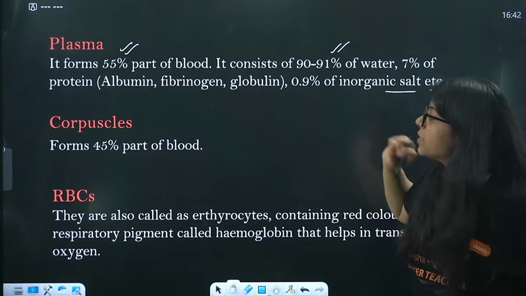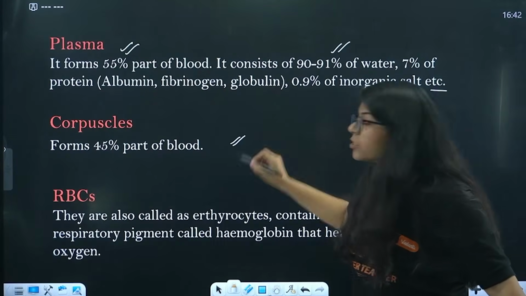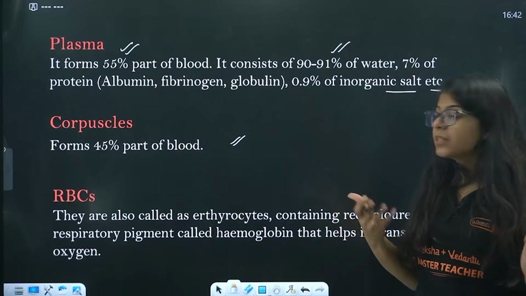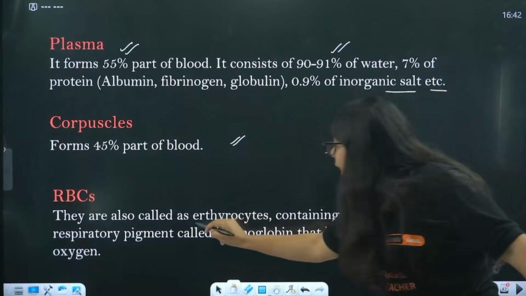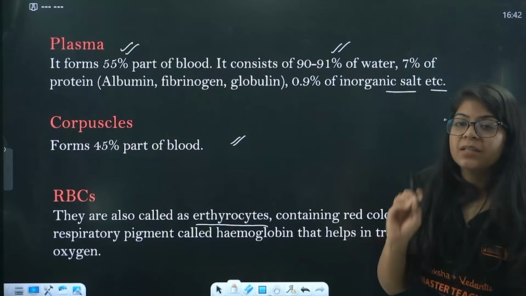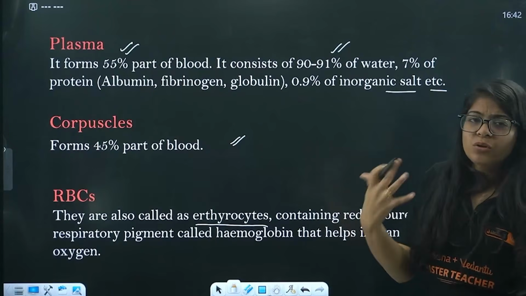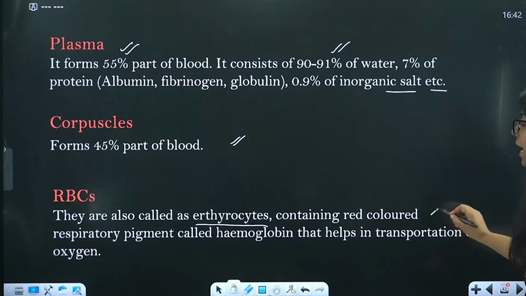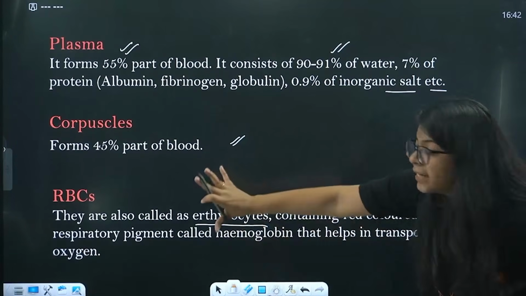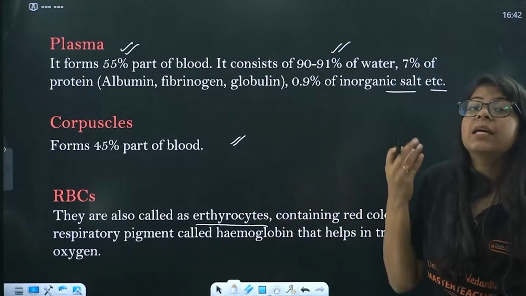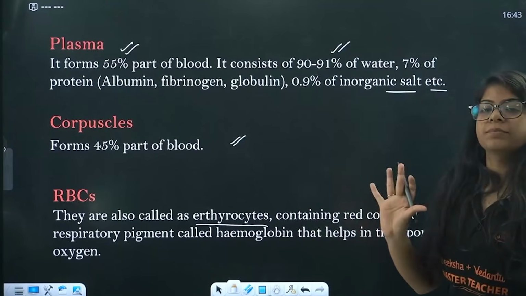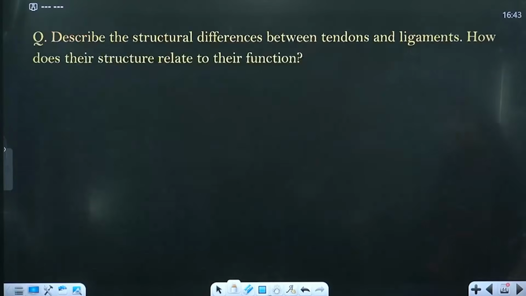Then we have corpuscles. They make up 45% of the blood. Then we have beta RBCs. These are called erythrocytes, however you want to pronounce it. Not the main topic, but they contain a red colored respiratory pigment called hemoglobin, which helps in the transport of oxygen. Then next beta we have WBCs.